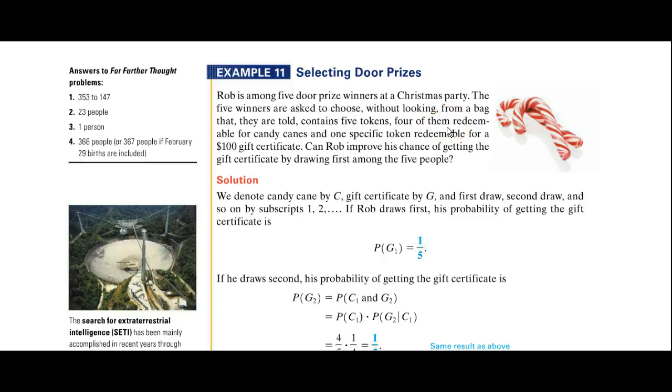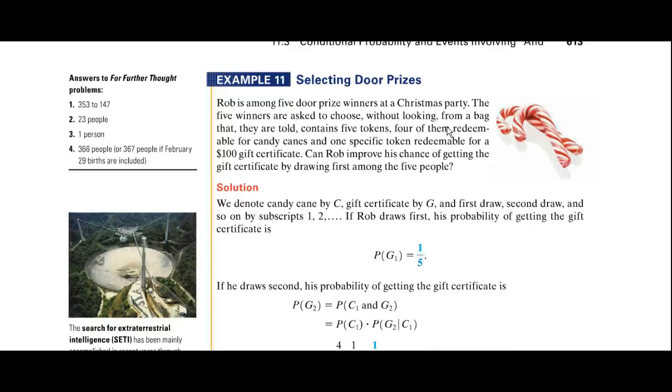Now there are 5 tokens. 4 of them give you candy canes, but one of them is a $100 gift certificate. Can Rob improve his chances of getting the gift certificate by drawing first among the 5 people?